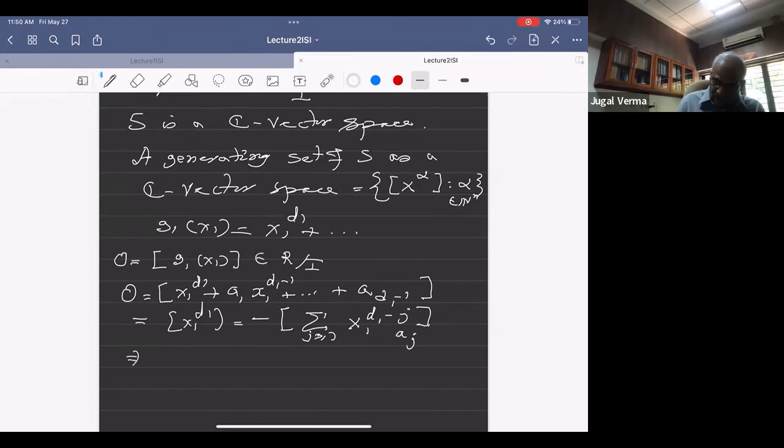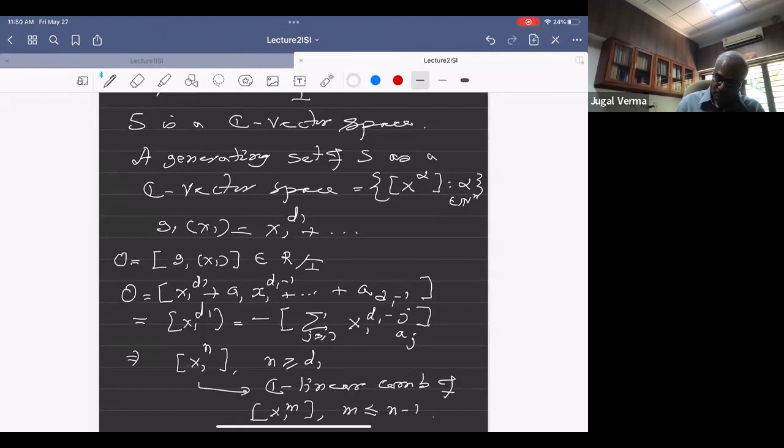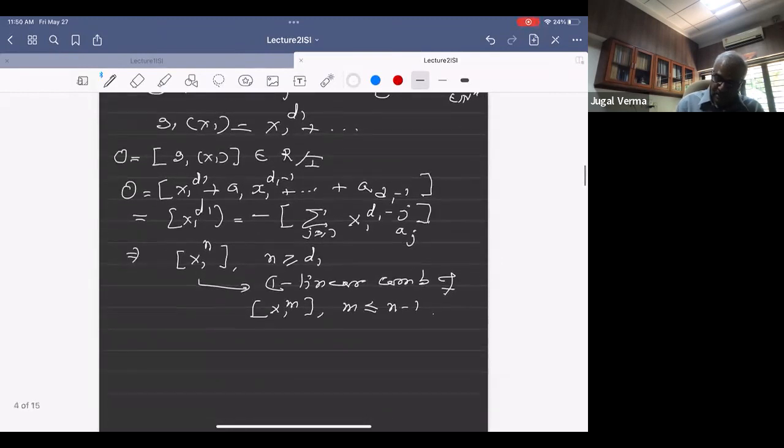So if I take x1^n, where n is bigger than or equal to d1, then this is a C-linear combination of residue classes of x1^m, where m is less than or equal to d1 minus 1.